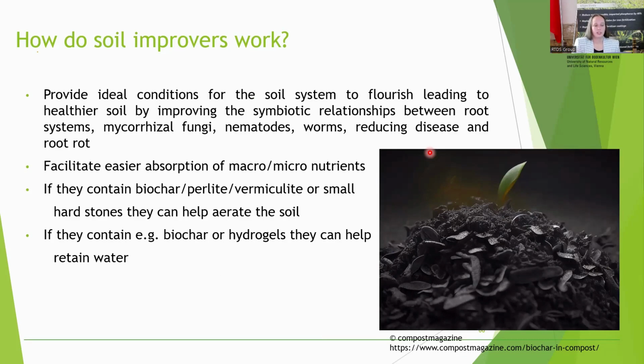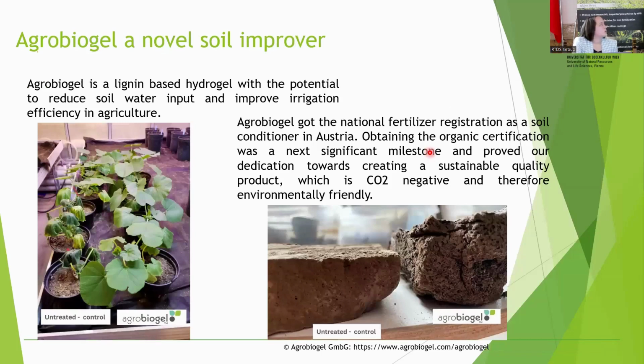Also, a soil improver facilitates the easier absorption of macro and micronutrients. And if they contain biochar, perlite, or vermiculite, or other small stones, they usually help aerate the soil, again having an improved soil structure. And also, if they contain biochar or hydrogels, they can retain water, and this is very positive to decrease soil irrigation and plant irrigation. So now to some examples. One of the examples is agrobiogel, which is a novel soil improver.